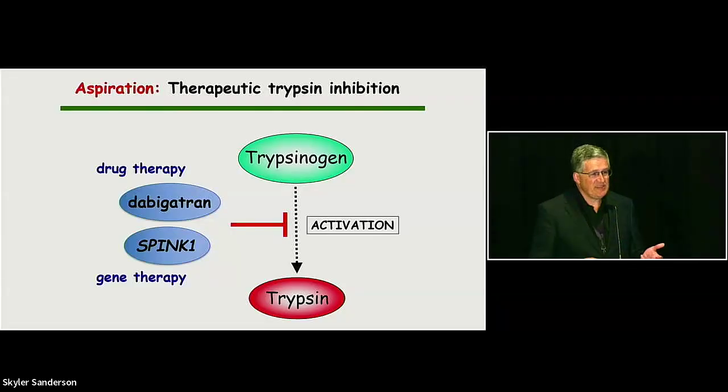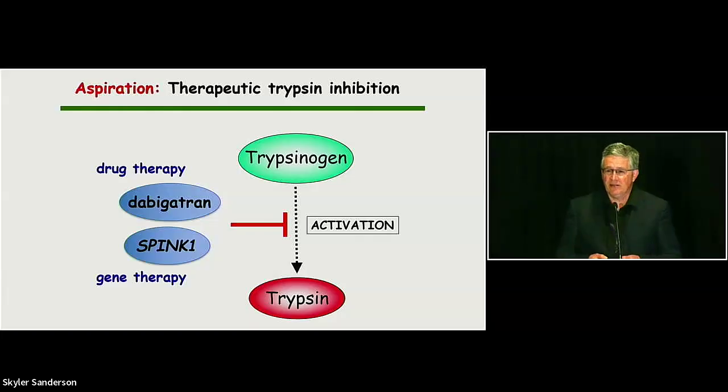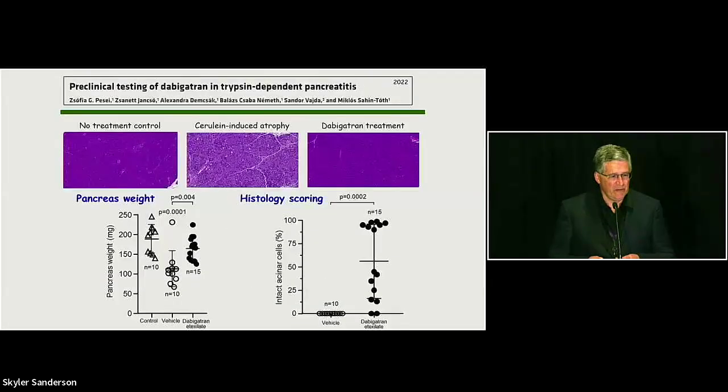And then the second set of studies, which are ongoing, mainly in my laboratory and also in Shanghai, where Wenbin Zhu has done very nice studies, is gene therapy using adeno-associated virus and the SPINK1 inhibitor.